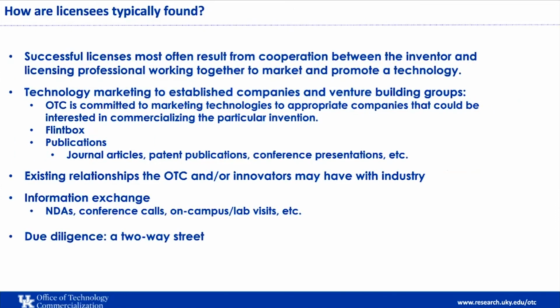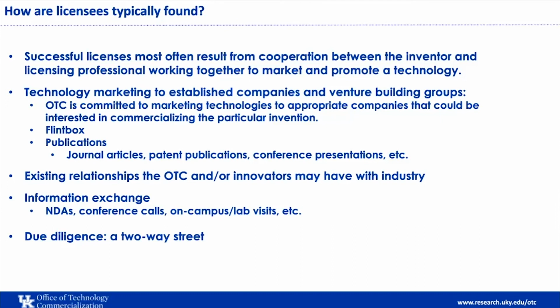How are licensees typically found? Most often, I think the best case scenario is to identify and initiate contact with a licensee from mutual cooperation between the university investigator and the licensing professional in the tech transfer office.